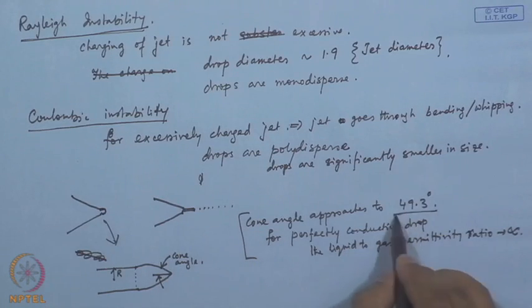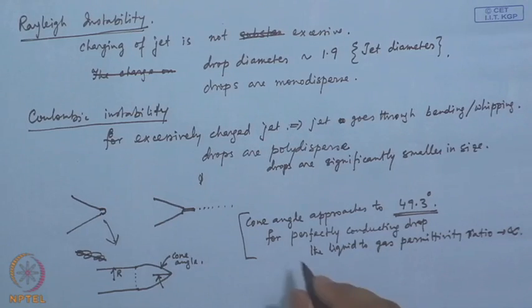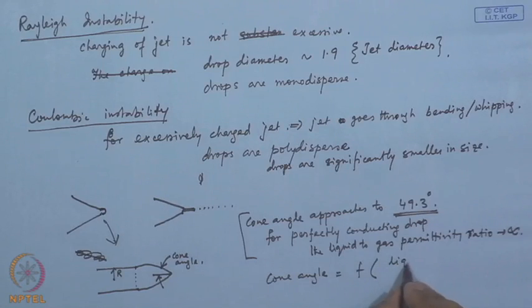So, in fact the cone angle can be predicted from the liquid to gas permittivity ratio.